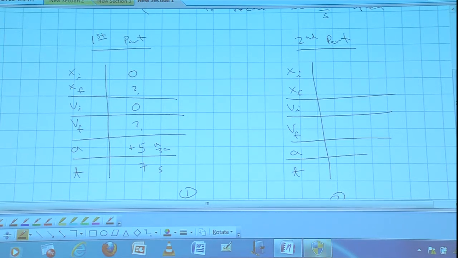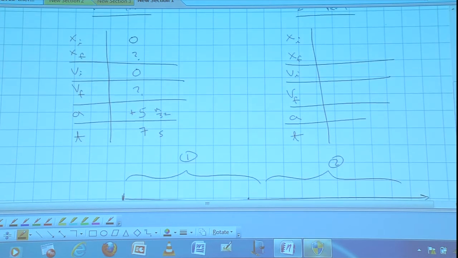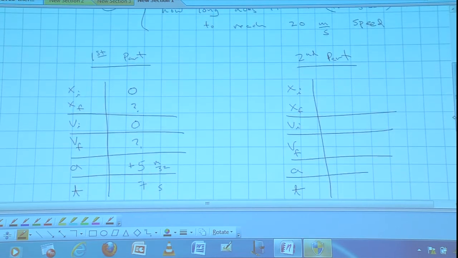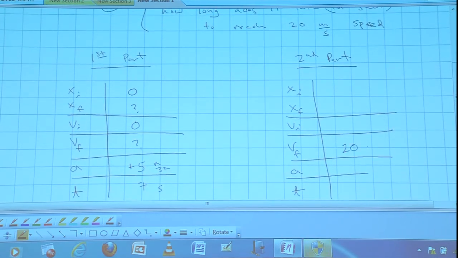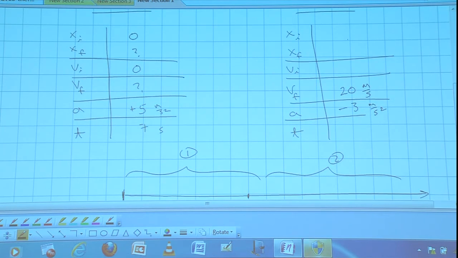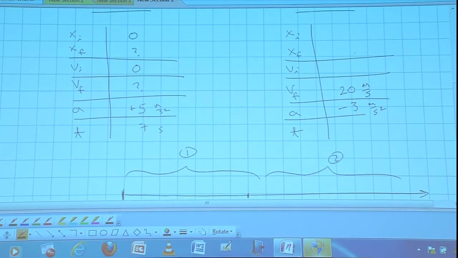Now, in the second part, we don't know where it starts or where it stops. We don't know its initial speed or its final speed. We don't know much here. The only things we know are the final speed, 20 meters per second, and the acceleration, minus 3 meters per second squared. If we knew 3 things in that chart, we could solve for the missing ones, but we don't know 3.